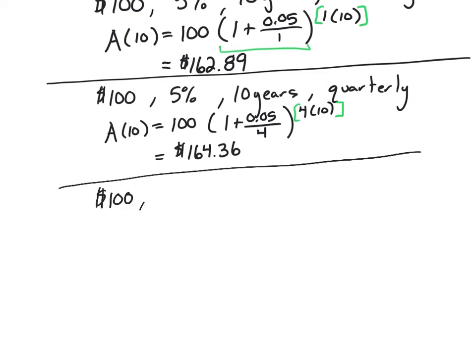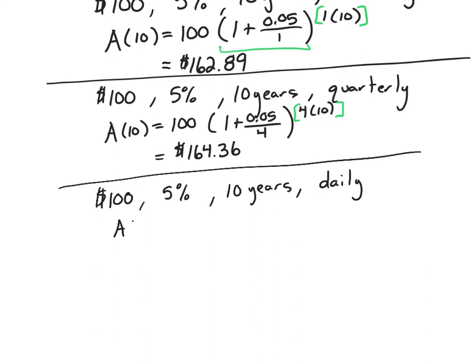And the last example I'm going to look at is the same situation again, but we're going to compound a little more often. So we have $100, 5%, 10 years, and we're going to compound daily. So every day we're going to take our interest and put it into the account with the principal and the other interest that's already there, and then the next day I'm going to generate interest on top of all of that.